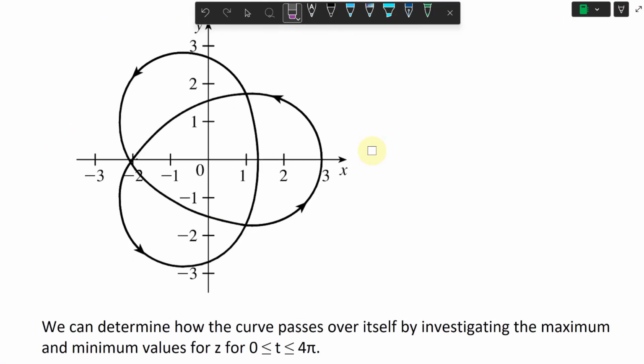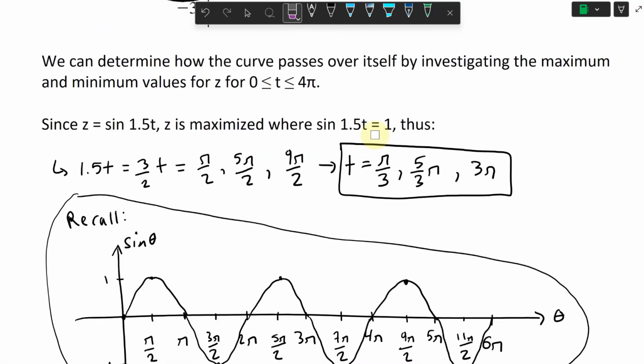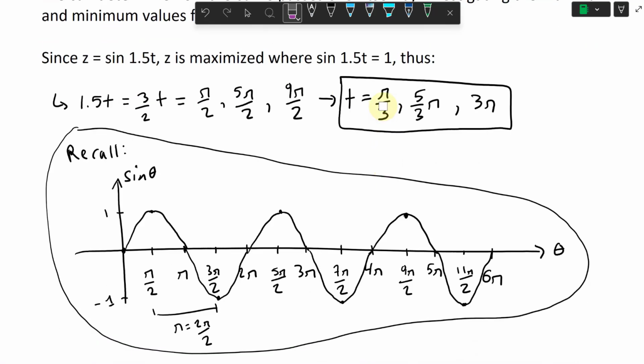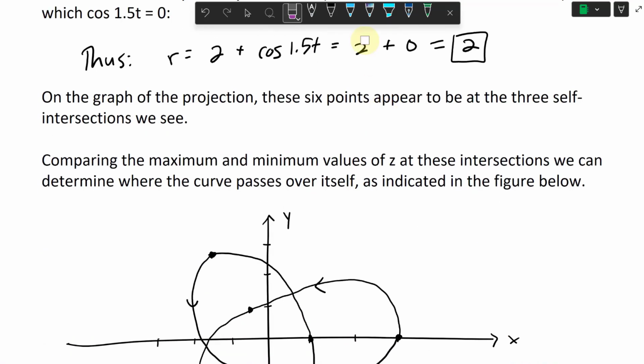Oh, well, we know it's a minimum because let's go back here. So at pi over 3, then adding a full 2 pi. So what I'll do is I'll go back to this pen. So if we have pi over 3, t equals pi over 3 is a maximum, and then if we add a full 2 pi to it, pi over 3 plus 2 pi, that's 6 pi over 3.